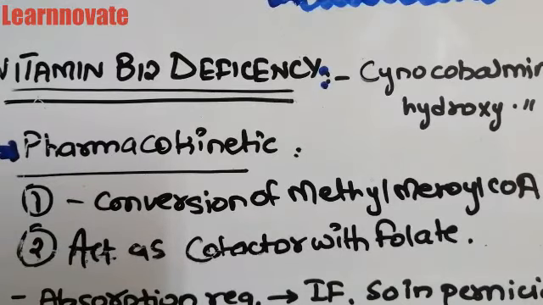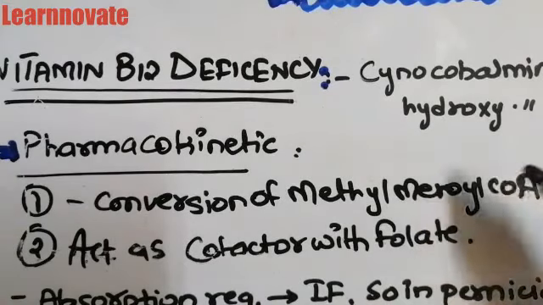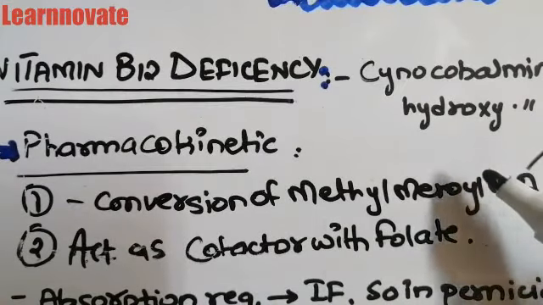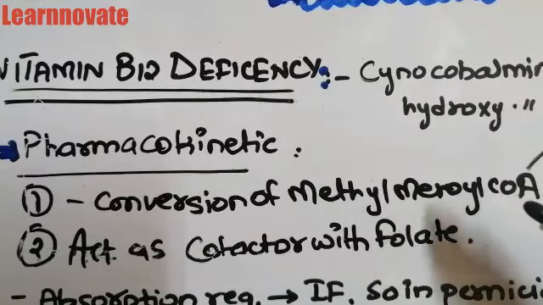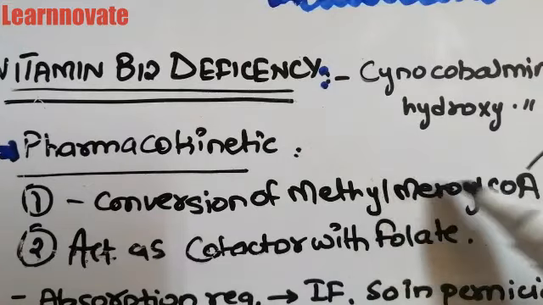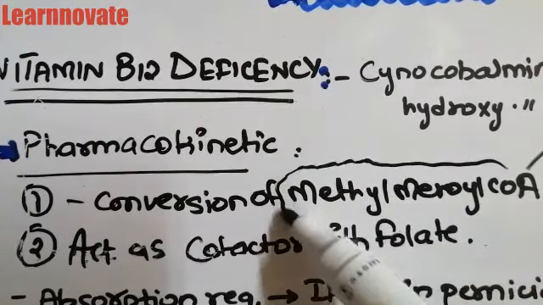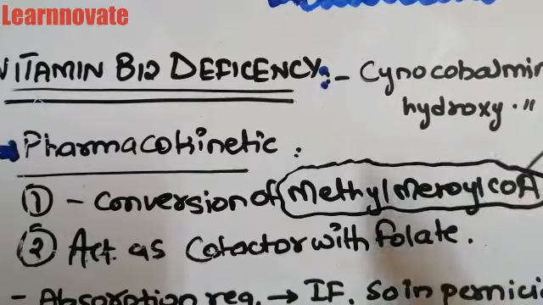The major role of vitamin B12 includes two roles. Number one is the conversion of methylmalonyl CoA into succinyl CoA. This function is very important, and it is specific to vitamin B12. If there is a deficiency, there will be accumulation of methylmalonyl CoA in the urine, and this is a diagnostic sign of vitamin B12 deficiency.